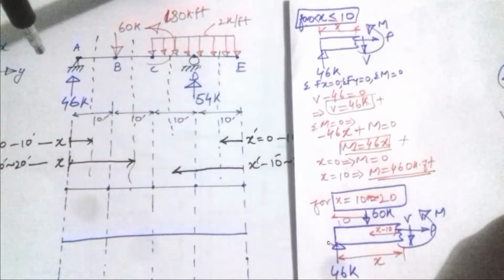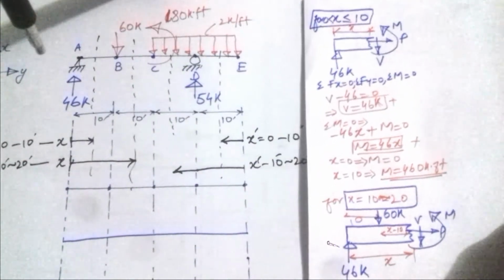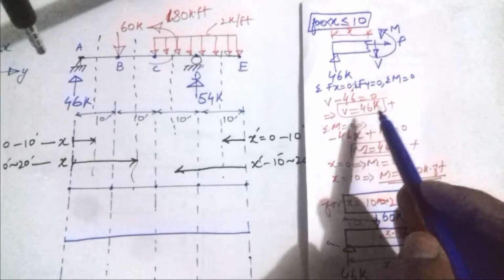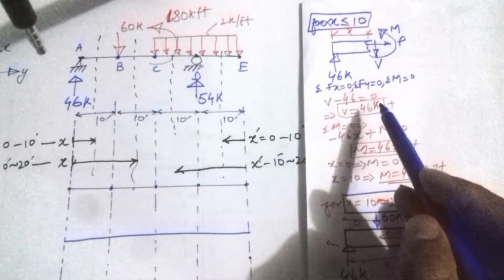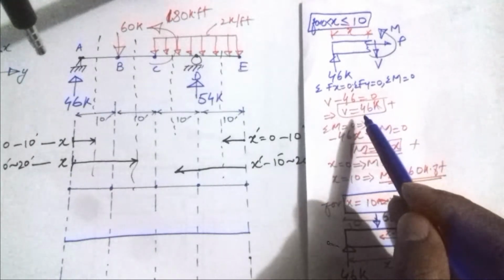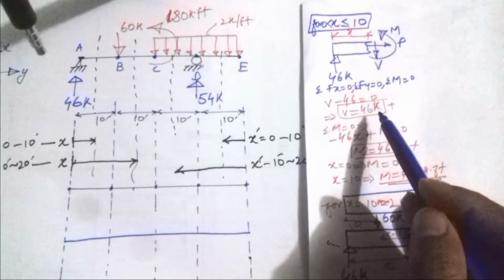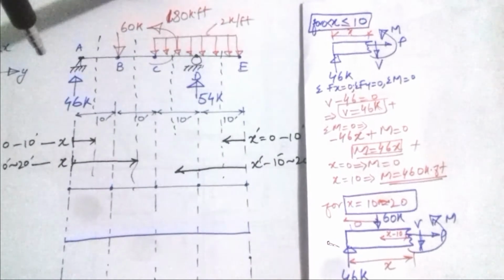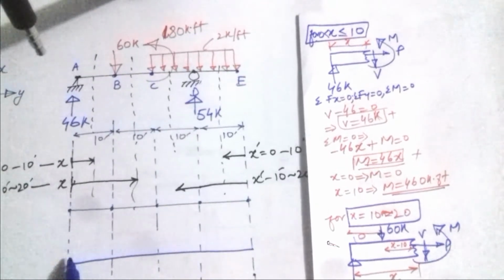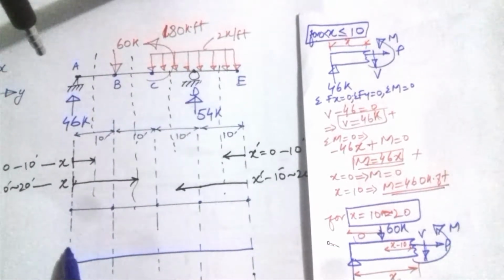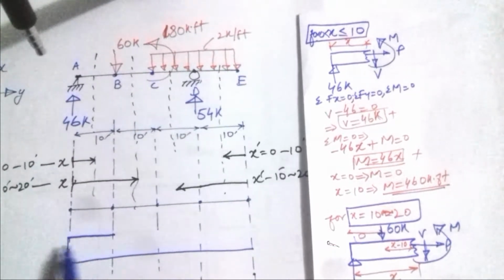I'm going to draw the shear force. Now from the first section you can see the value of the shear force is 46 k. Whether it is 0 or whether it is 10, the shear force is positive 46, constant. So here I can move upward, I can move here, this is 46.